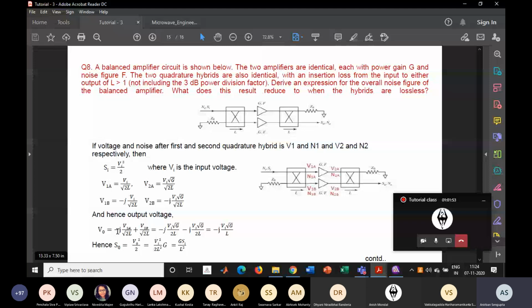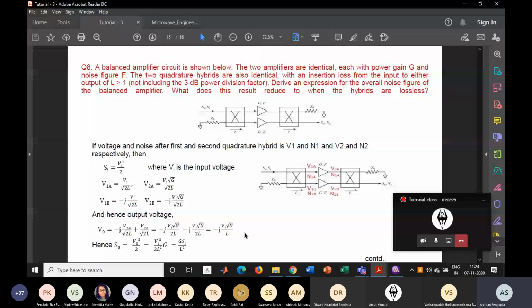Putting in the values of V2A and V2B, you get minus j Vi root G by 2L, minus j Vi root G by 2L, the same part, which equals minus j Vi root G by L. The magnitude of the power is this square by 2, that is Vi square G by 2L square.